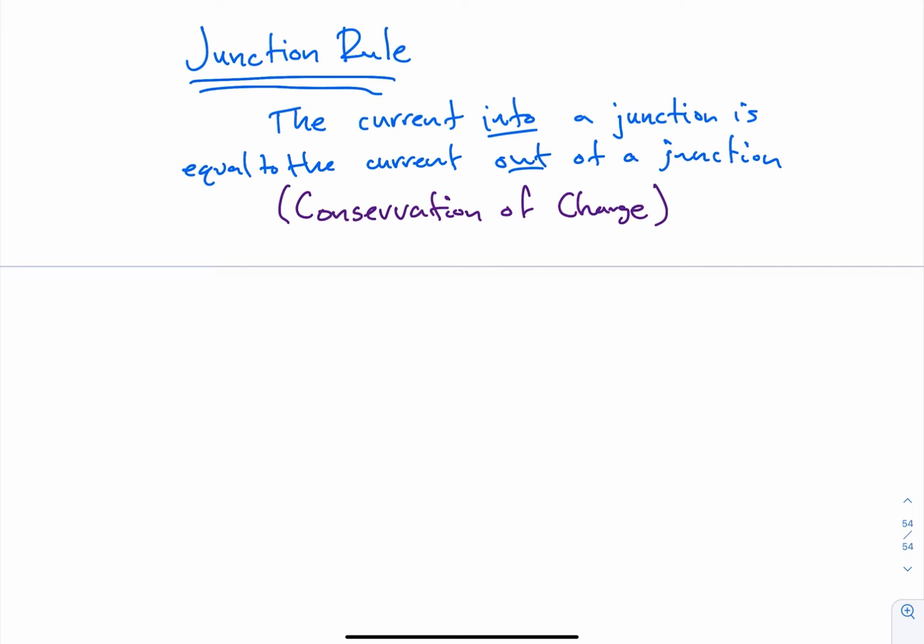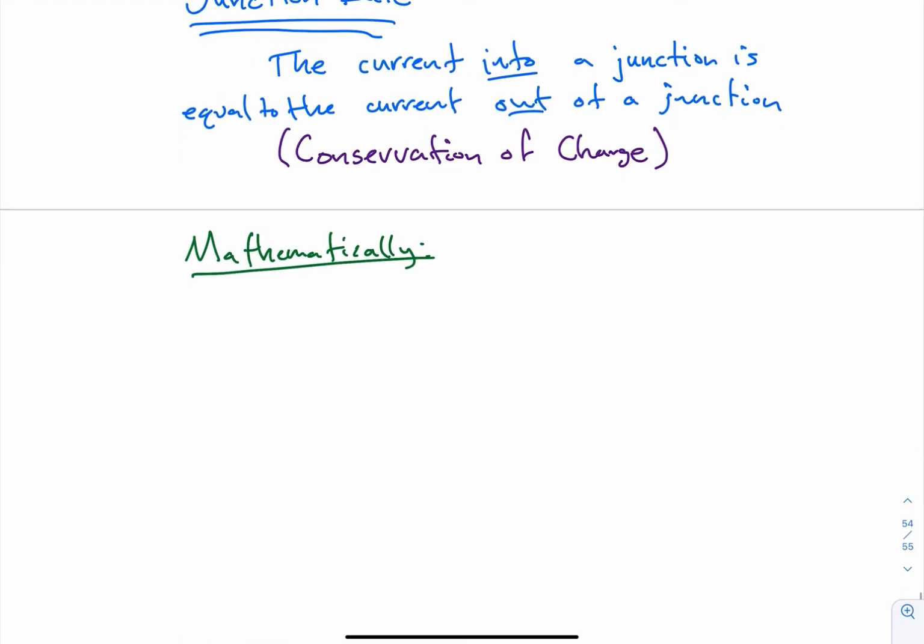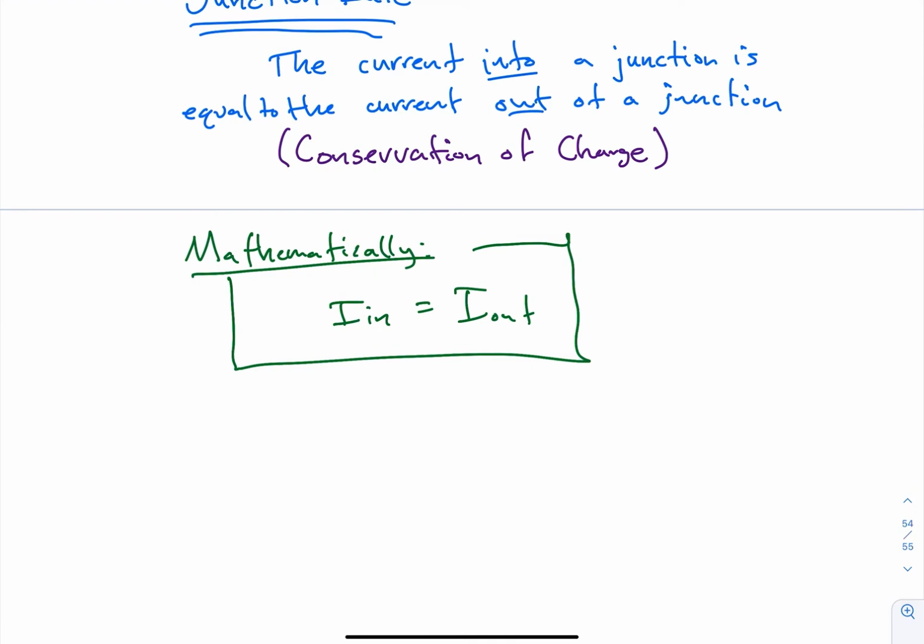So at no point should there be a collection of charges within the circuit, like stationary charges. There should be no buildup. Mathematically speaking, the current into a junction will always equal the current out of said junction. And we'll see this in the examples that we do.